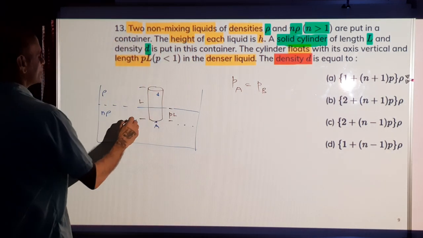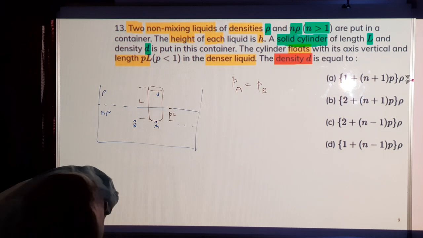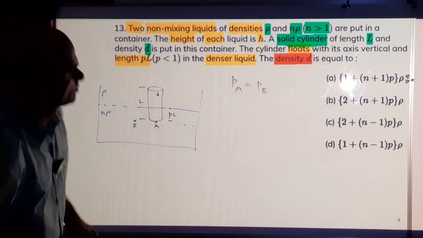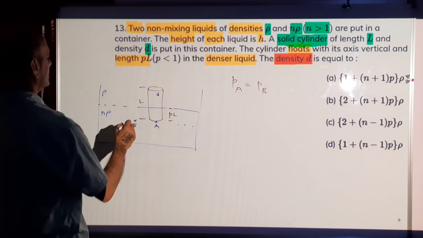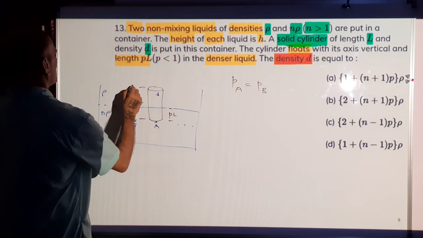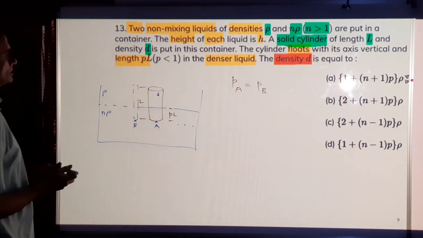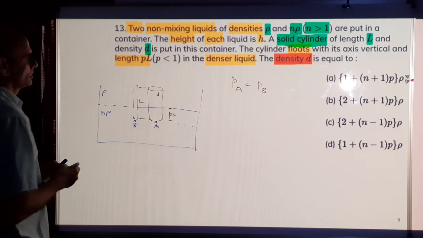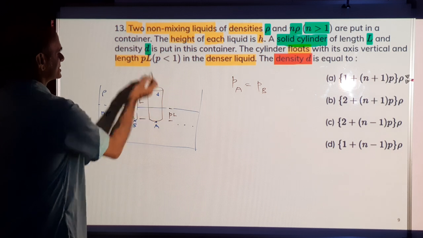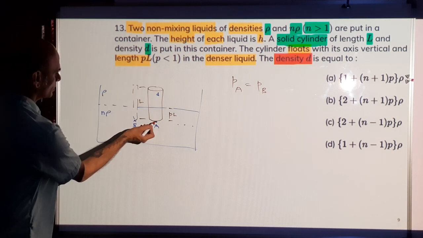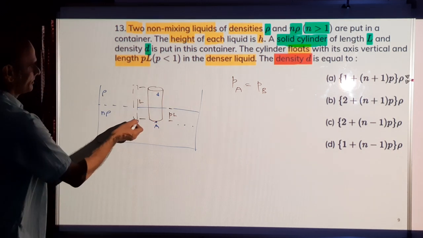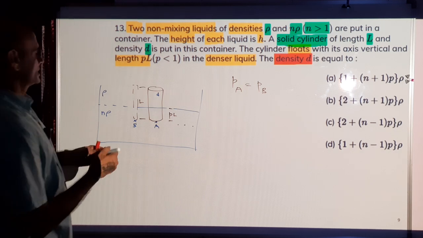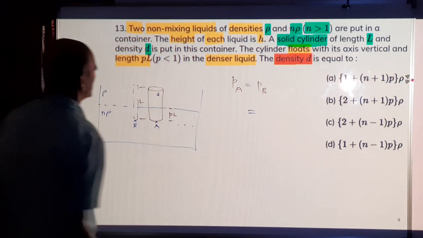Pressure at point B is because of the weight of the liquid above it. And pressure at point A is because of the weight of the cylinder, because above A there is only the cylinder. A is a point just below the cylinder, almost touching the cylinder, and point B is at the same level. Pressure at point B is rho GH of the liquid above it.